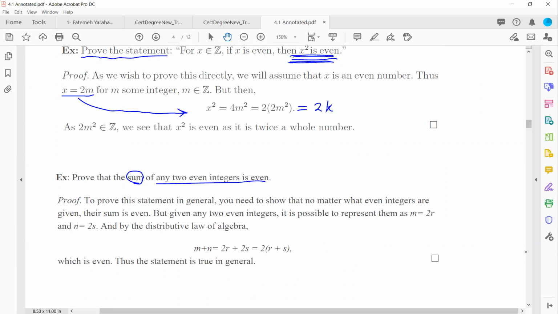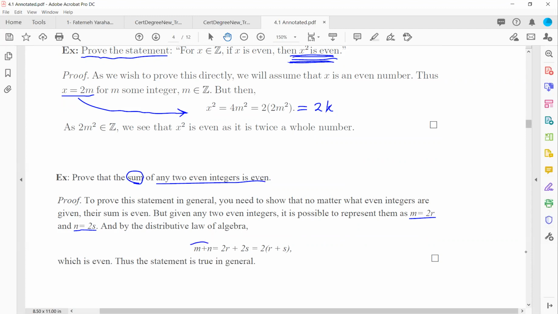Our goal is to show that their sum is even. So suppose the first even integer is m, 2 times some integer r. The second even integer is n, which can be written as 2 times another integer s.